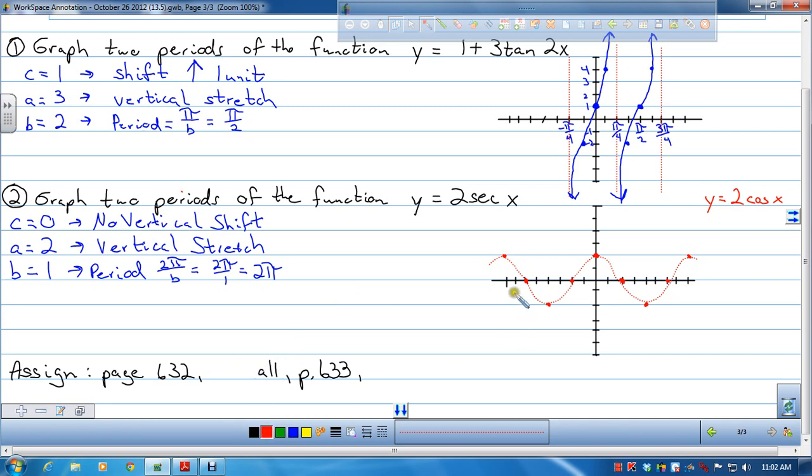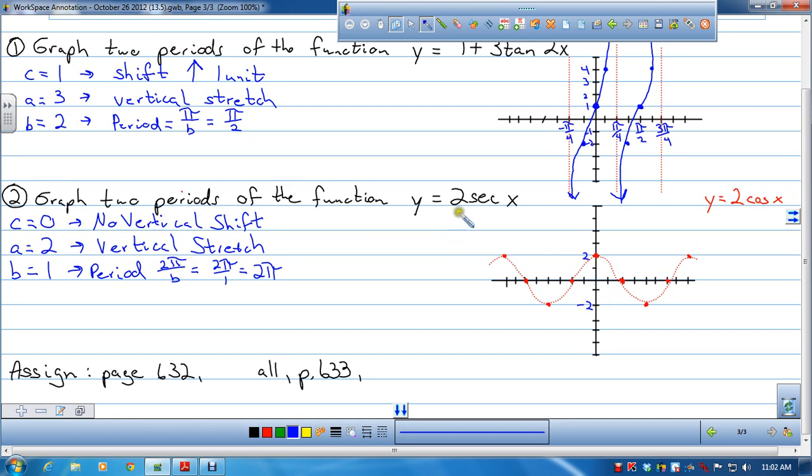But what I can also identify here are the asymptotes, because where the reciprocal function, so where cosine is at 0, that's where my asymptotes are going to be for secant, right? And I can also label at this point in time. Okay, so if I'm labeling, I know that this is 2 and this is -2, right?